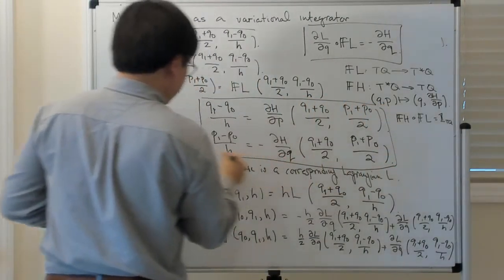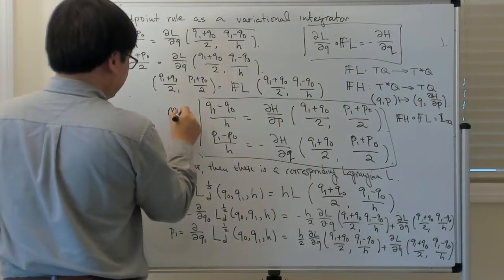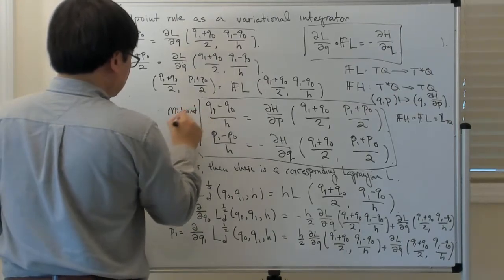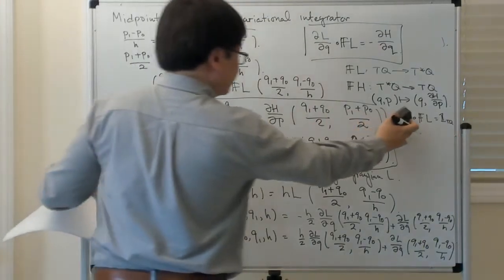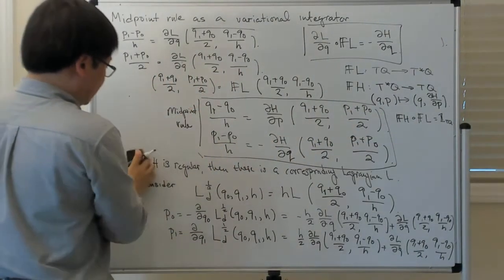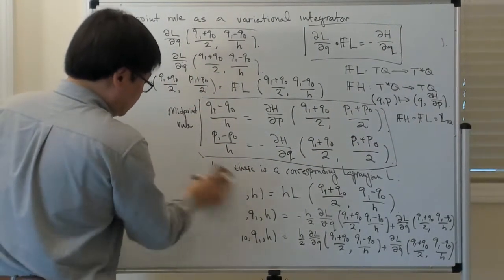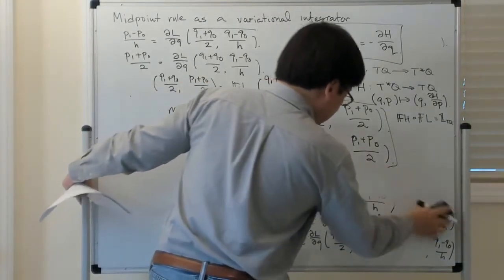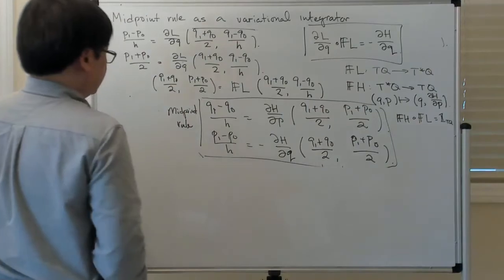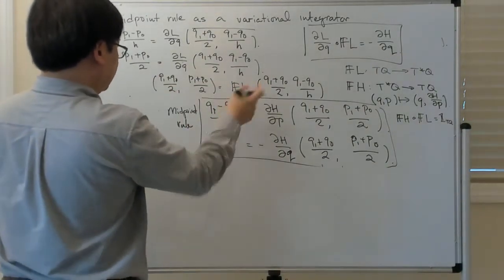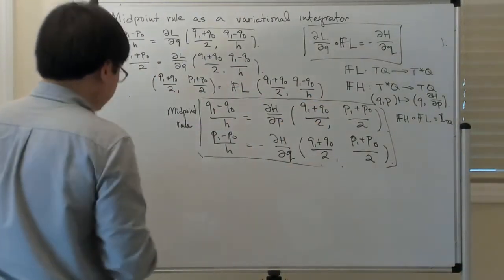So this is the stuff coming from the midpoint rule. Okay, and I'm going to see how this observation gives me the second thing. All right, so this is equal to this, right? So you can apply FH to both sides.